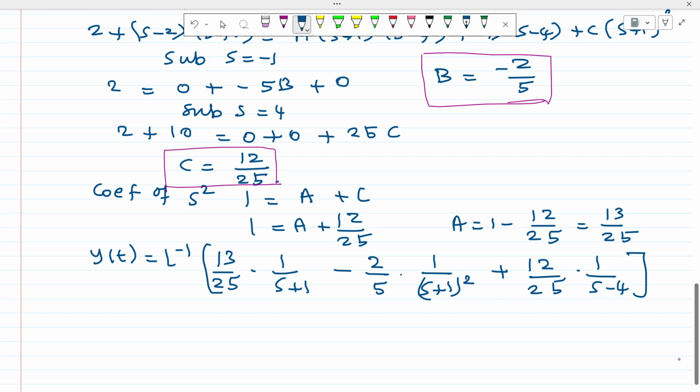Taking the inverse Laplace transform for each term, that is 13 by 25 e power minus t.